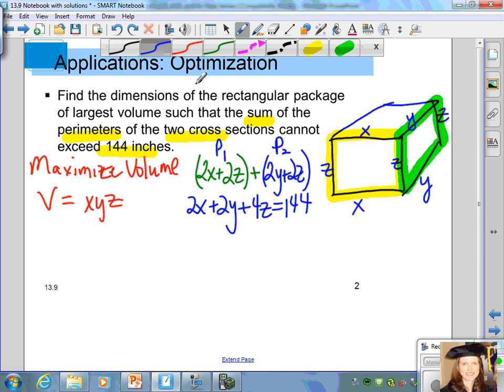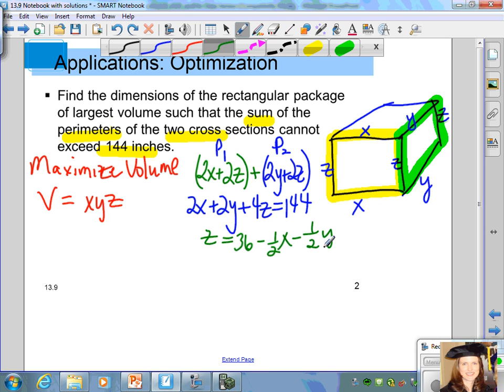If we solve this for z by subtracting 2x and 2y from both sides and then dividing by 4, we get that z is equal to 144 minus 2x minus 2y, all divided by 4. That's going to give us 36 minus 1/2 x minus 1/2 y.